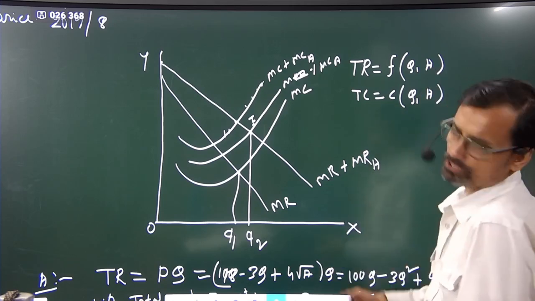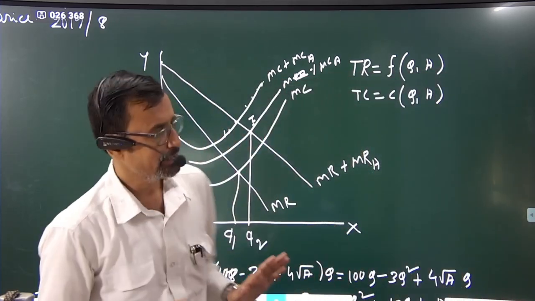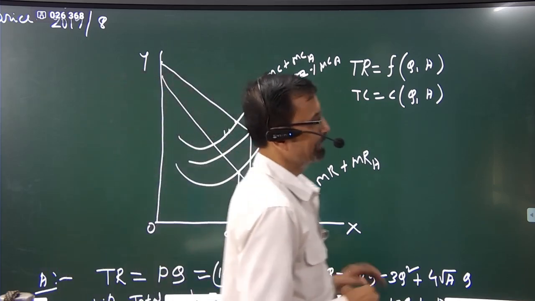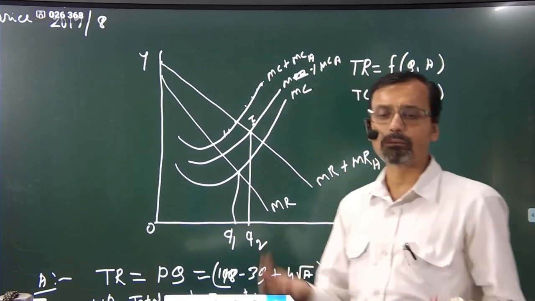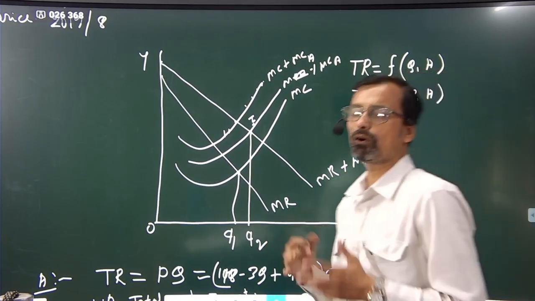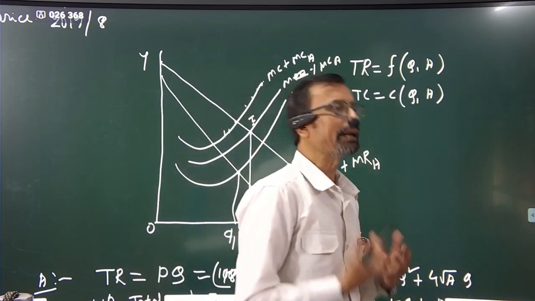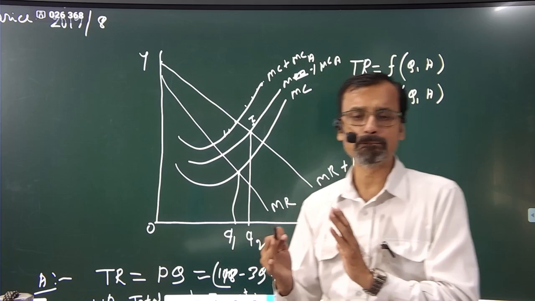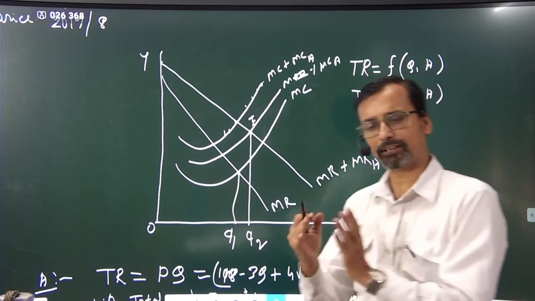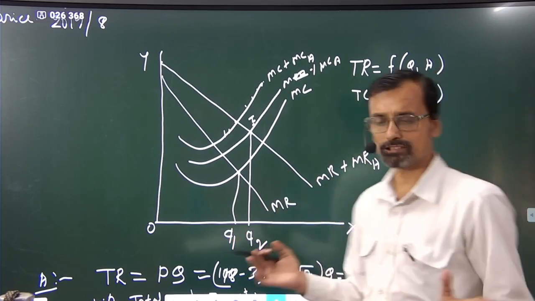Similarly, total cost is also a function of quantity output produced as well as advertisement cost. That is why profit becomes a function of both variables. And in order to find the profit maximizing output, we require differentiation not only with respect to quantity output produced but also advertisement cost. This much. Thank you.